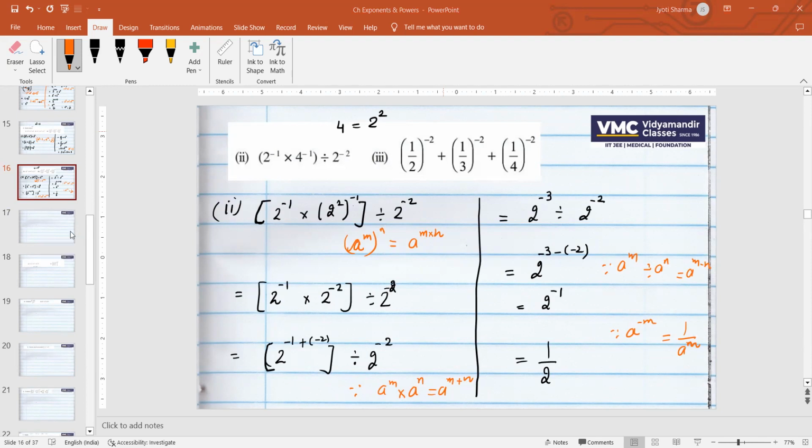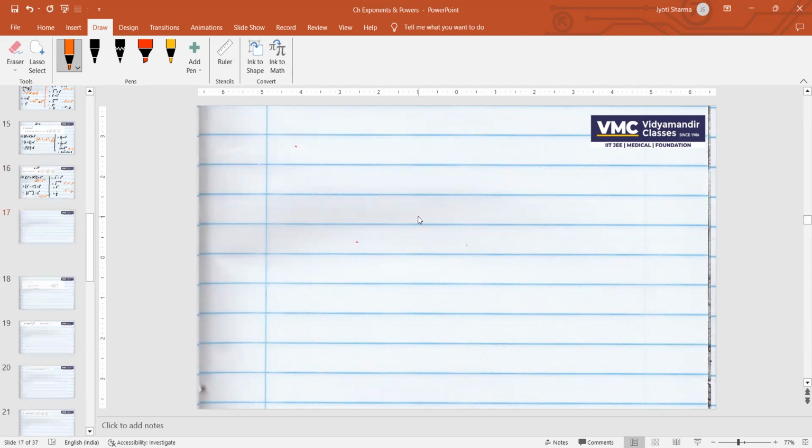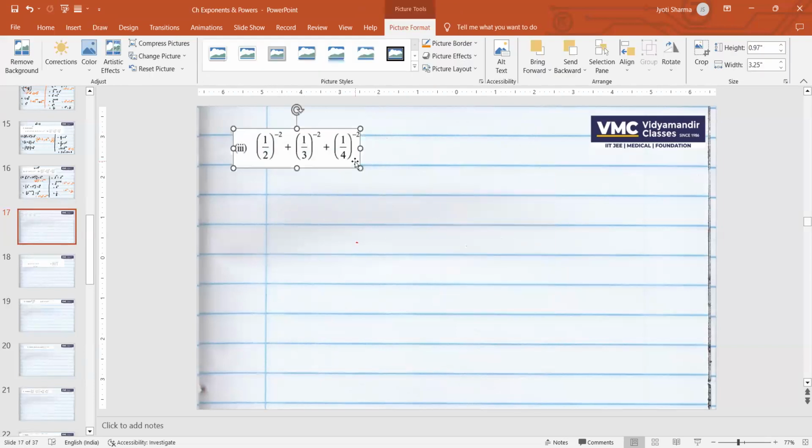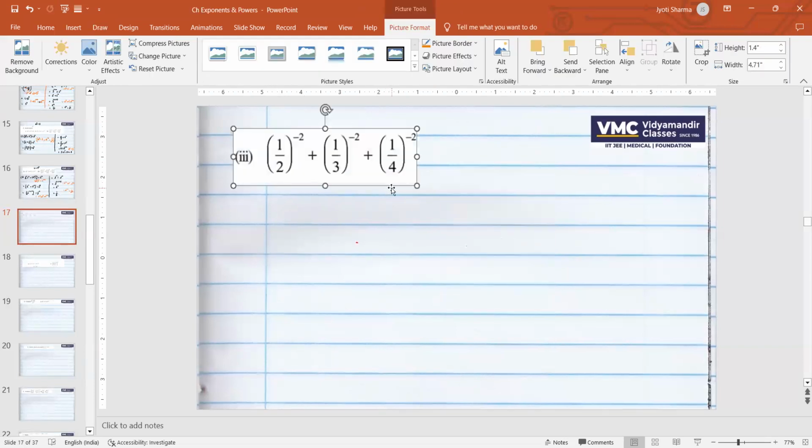This is one of the good questions. Here no law is there for addition and subtraction.